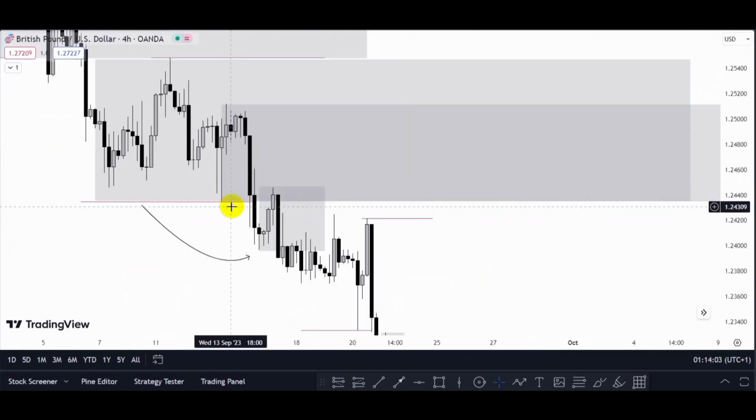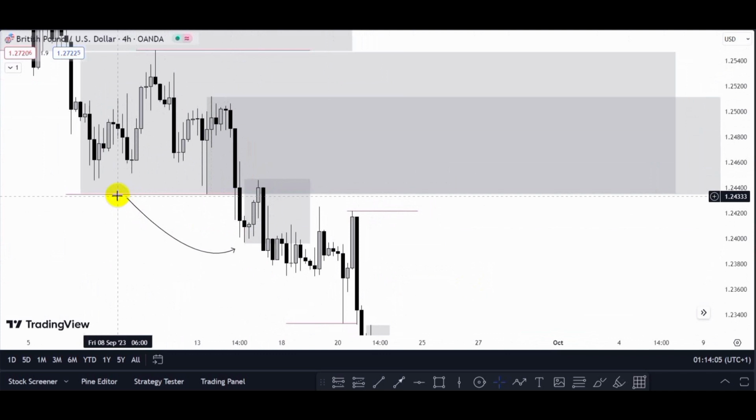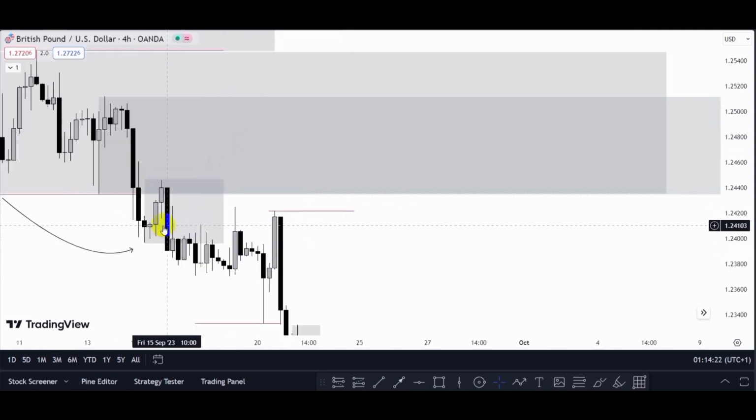So the break of structure was transferred to this candle here because this is the candle that closed below the low here. This bearish candle is the candle that actually gave us a body candle close below this low. This move took out the sell side liquidity but did not break structure.